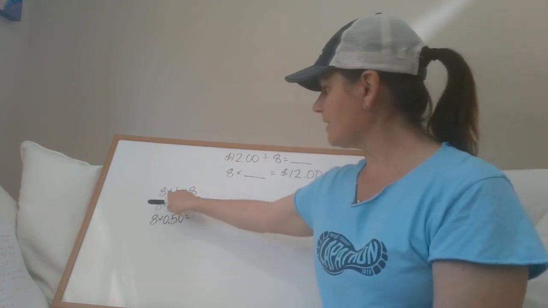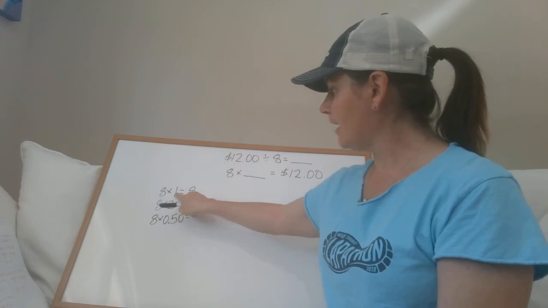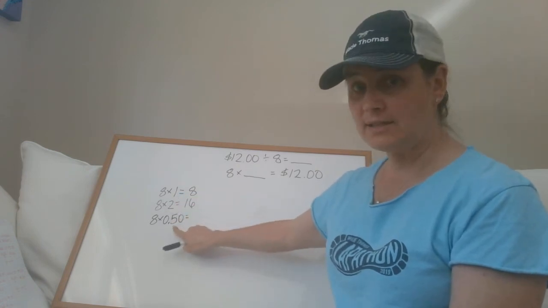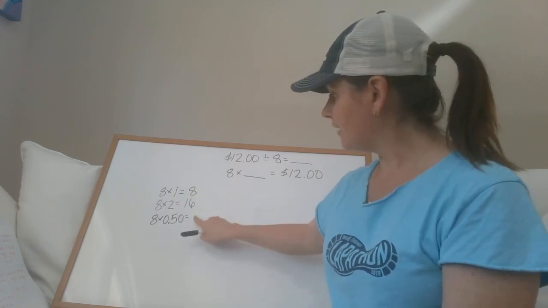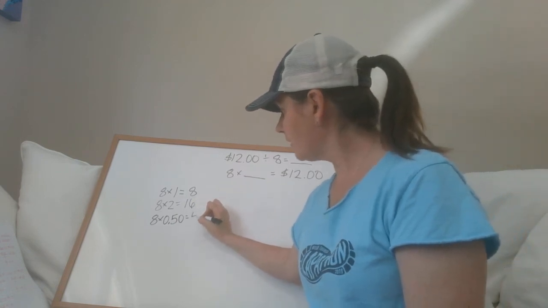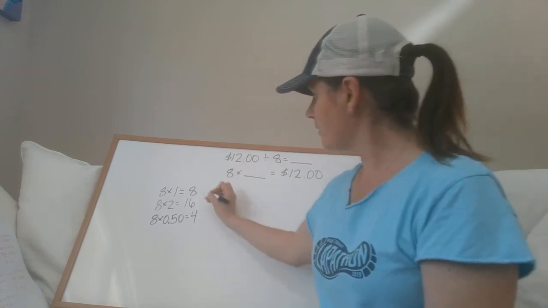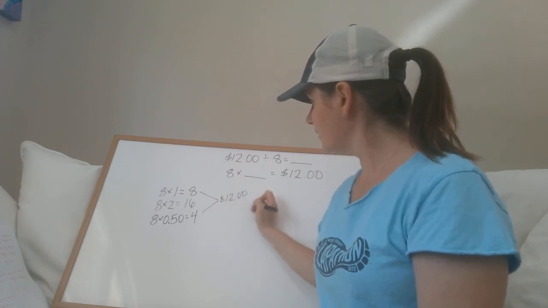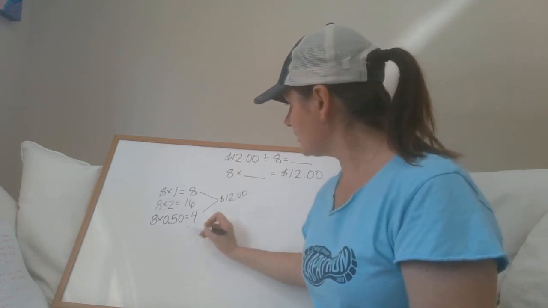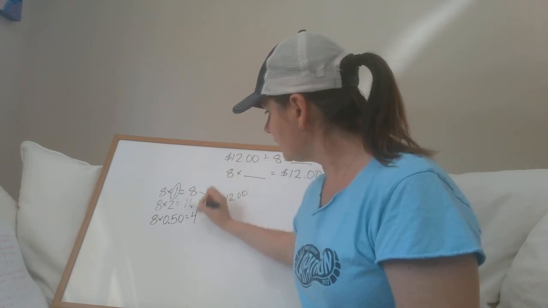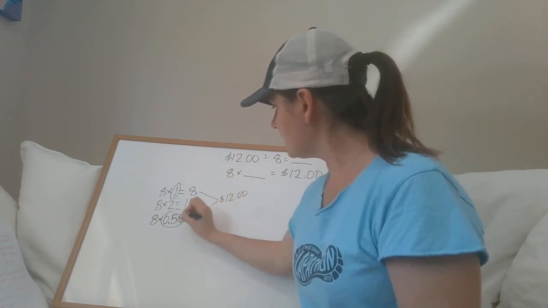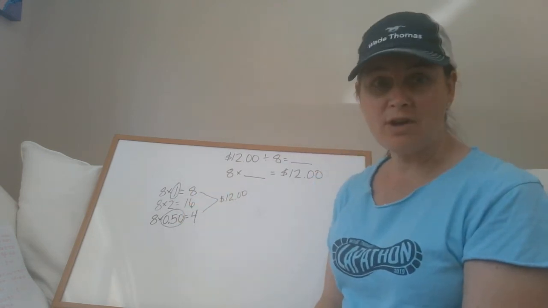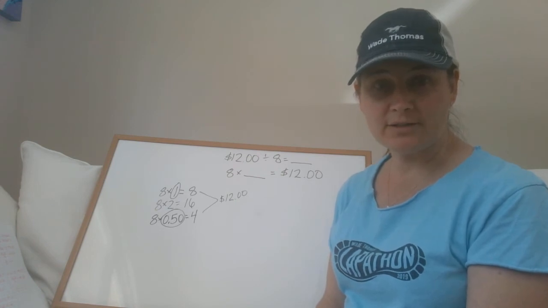So if I know 8 times a whole is 8, and half of the whole is 50 cents, half of the 8 gives me 4. So this gets you to $12, which means our answer is going to be this $1 with this 50 cents here. So $1.50 would be your answer.